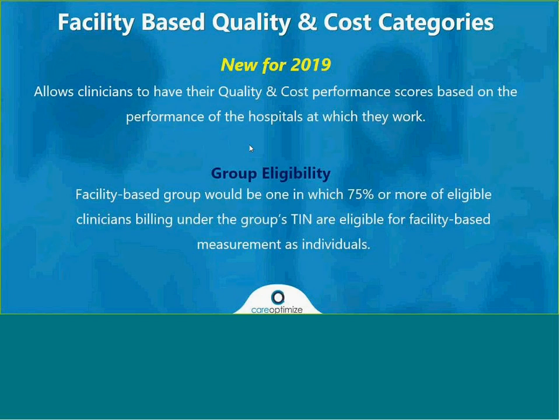So to be eligible, the group would have to have 75% or more of those clinicians under that 10 that are measured as individuals. Okay, so as long as they're facility-based measured as individuals and it's greater than 75%, you could opt for the facility-based quality and cost scoring mechanism.